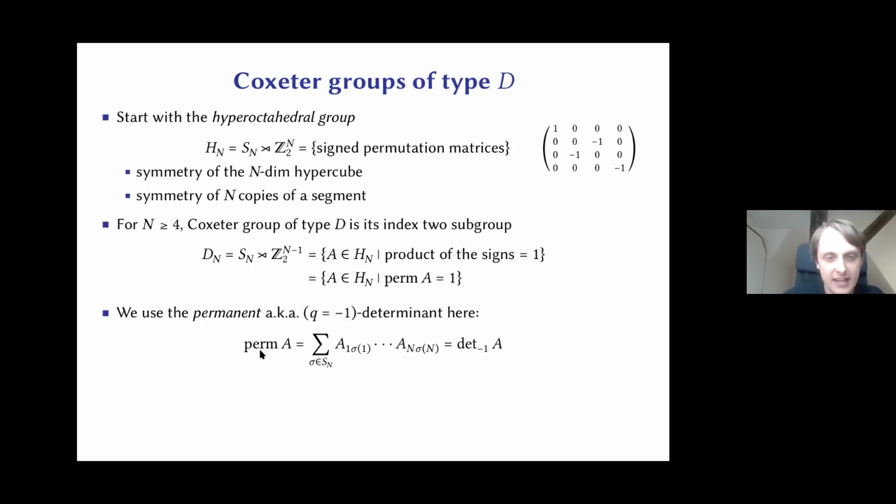It is not a representation of the general linear group, for instance. So why is this a subgroup? Well, this has an interesting quantum group interpretation. The permanent actually is the same thing as the q-deformation of determinant for q equals -1.